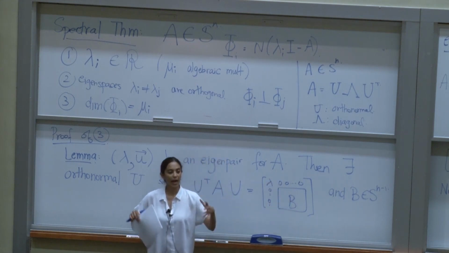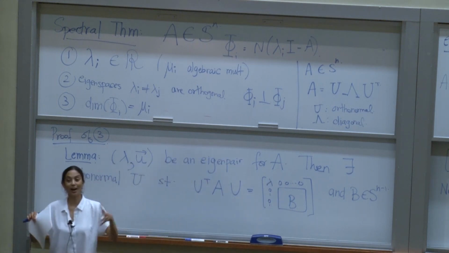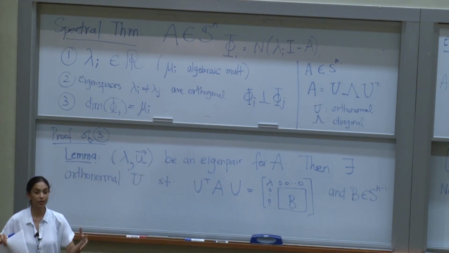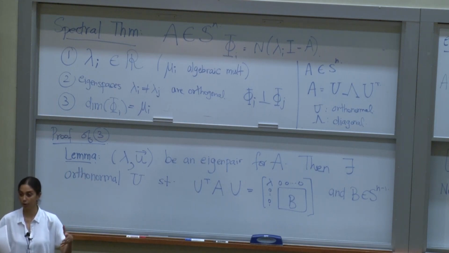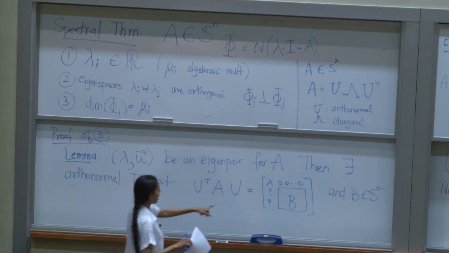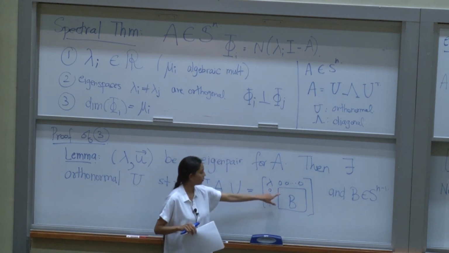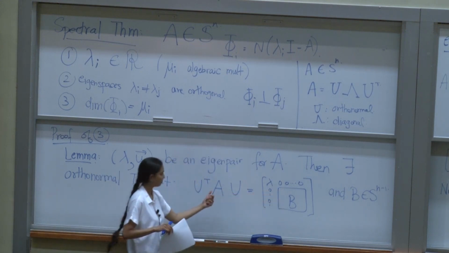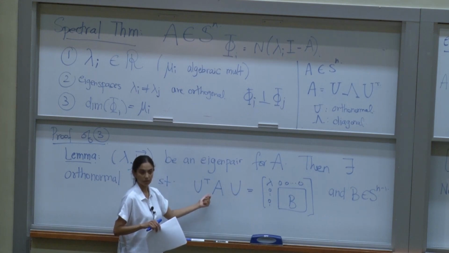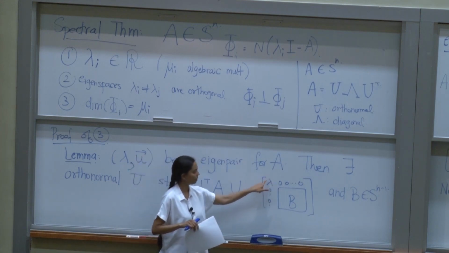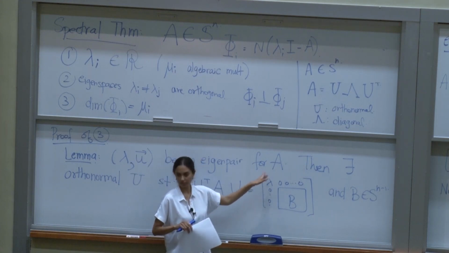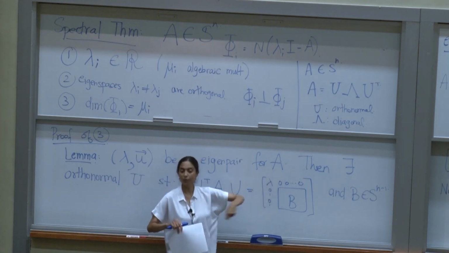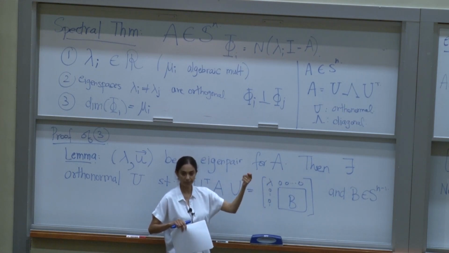And now if I can say something about the eigenvalues of this lower dimensional thing, I can count them, and if I can relate the eigenvalues of B and A, then I'm just adding one more.